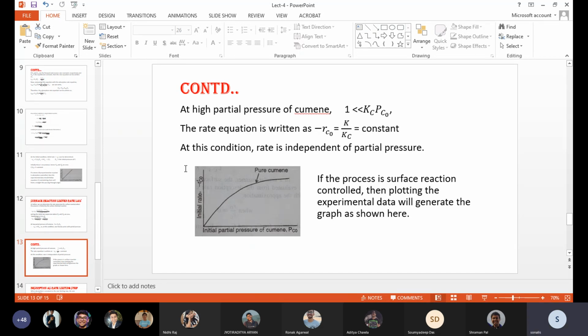So if you collect the experimental data in your laboratory while doing the experiment and construct the curve, and if it gives you this nature of curve, then you can say that yes, this reaction is surface reaction controlled.